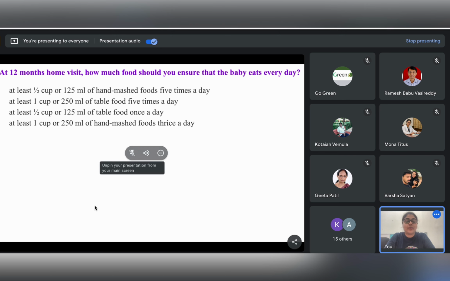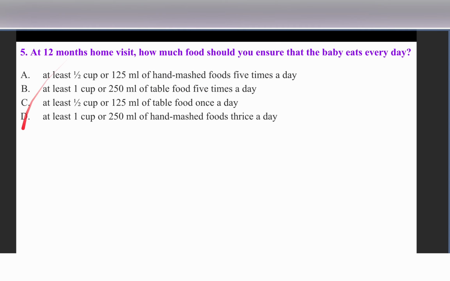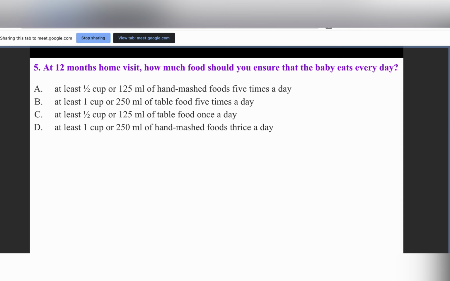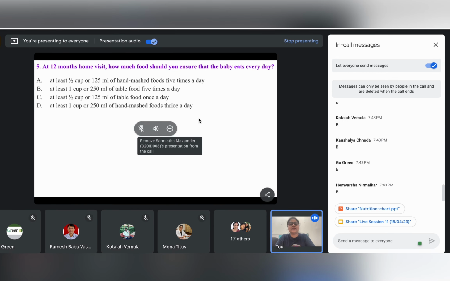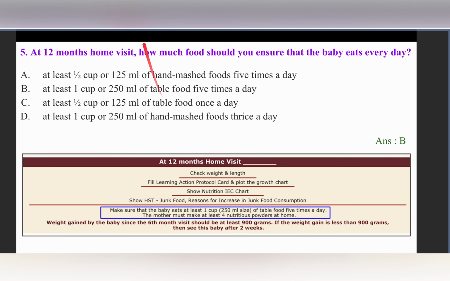So now when the child is 1 year old, the child's requirement is also increasing. And as per the requirement, the child now needs at least 1 cup of table food. Table food means the normal food that the entire family is having.